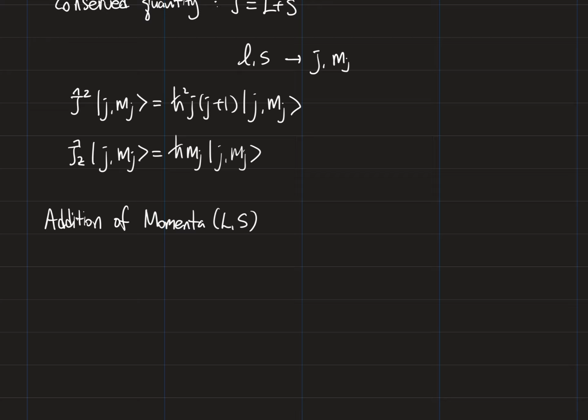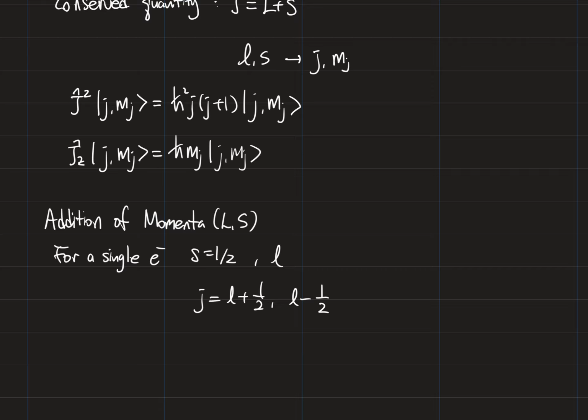For a single electron, S is always 1/2. So for a given orbital level L, the total angular momentum J can take two values, L plus 1/2 and L minus 1/2.